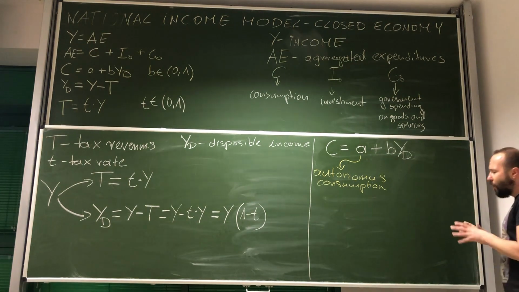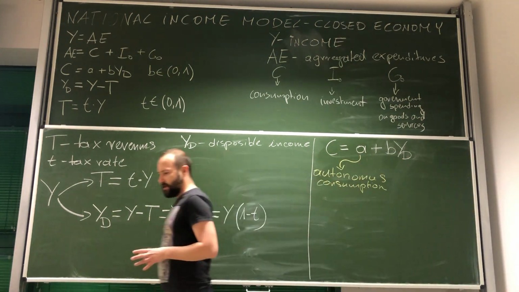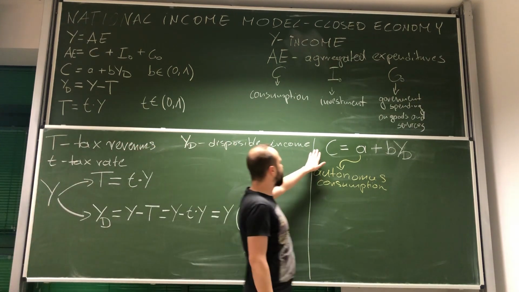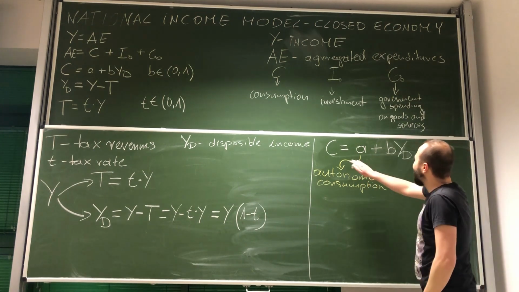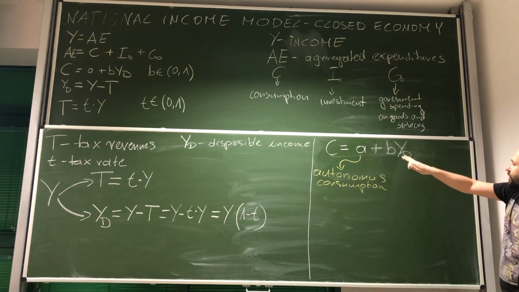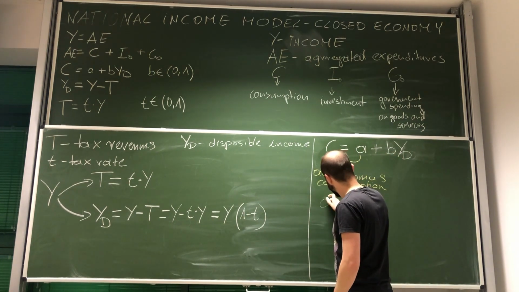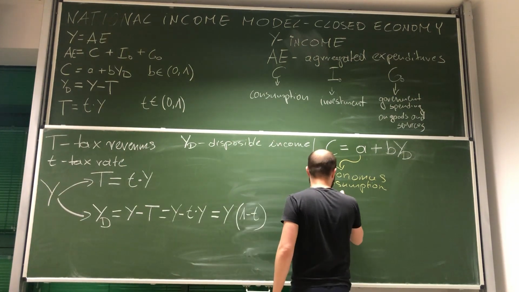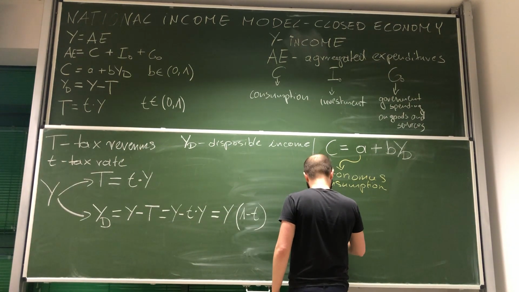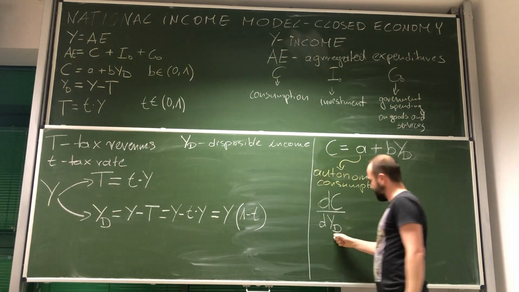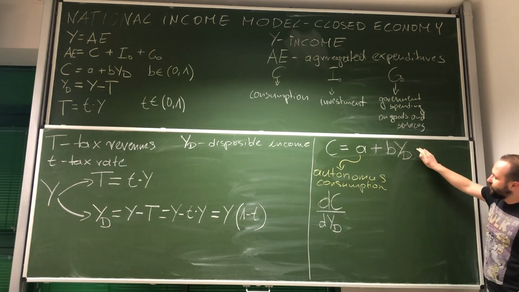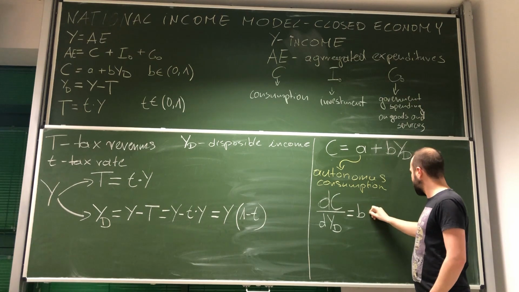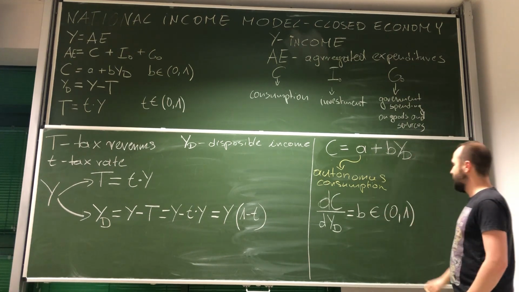Now, but what is this B? Look, you can look at this B in a very specific way. If I take this equation and calculate the derivative of consumption with respect to disposable income, I'm going to get B. And this B is somewhere between 0 and 1.